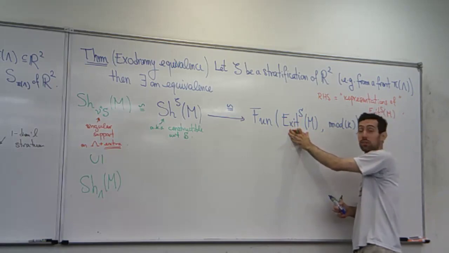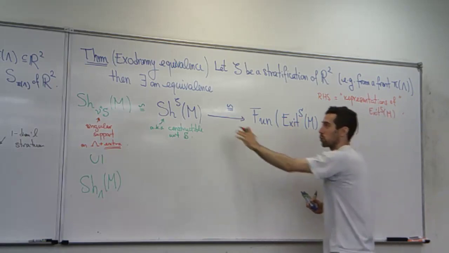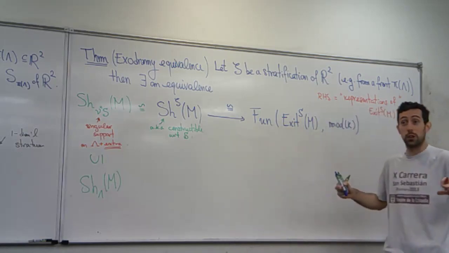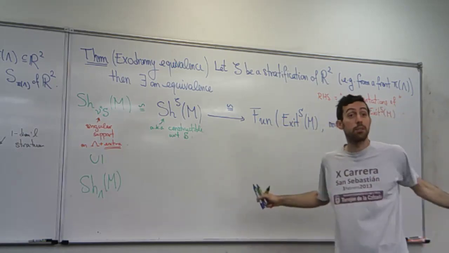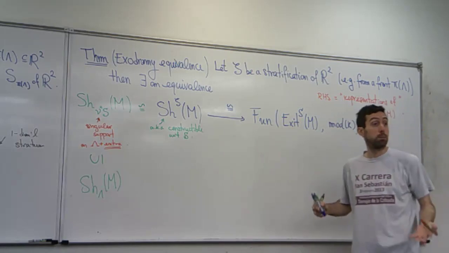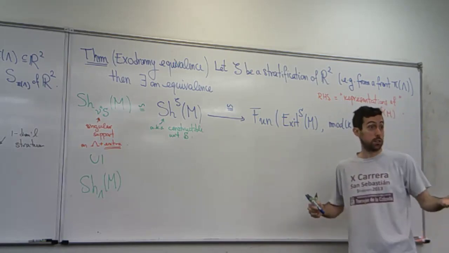So in a very basic case, this is just saying constructible sheaf with respect to the trivial stratification. Those that are locally constant everywhere are just representations of pi 1, also known as local systems.